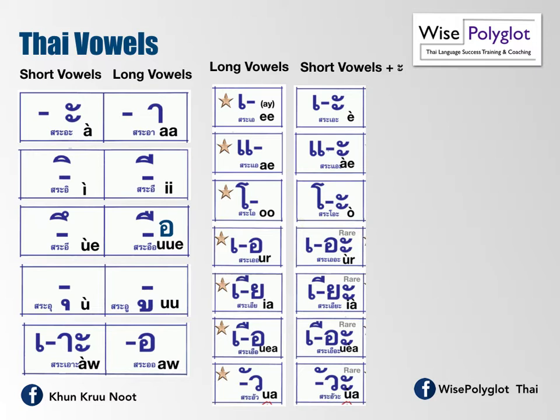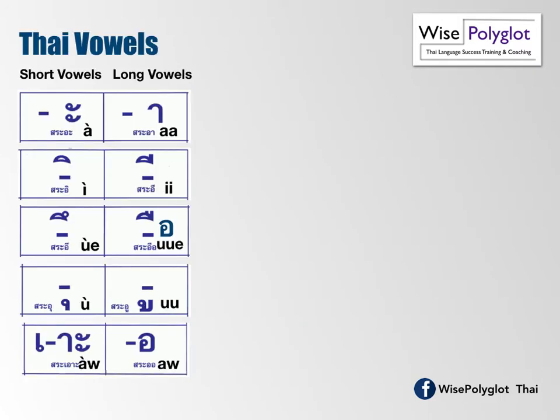As long as you know the long vowels, for the short vowel counterpart you just need to add a. If you know what the a looks like, the a is the first vowel that we learn. You add the two little things at the back of the vowel, and you will make it a short vowel. So now let's read just the long vowels together.